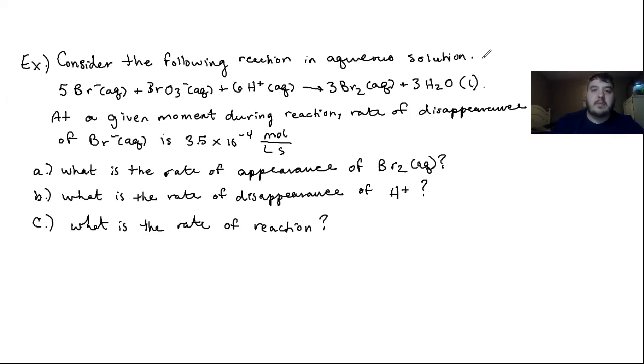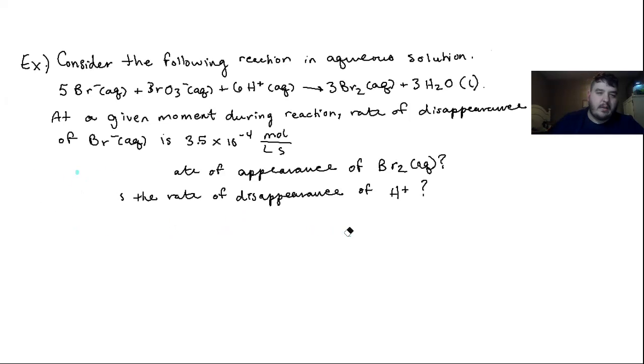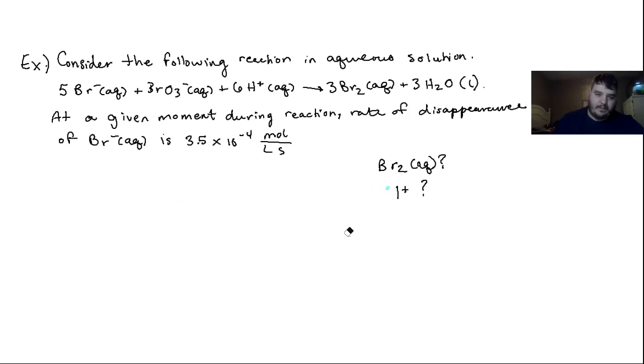So what I'm going to do first is I'm going to take a little bit of space and erase this little bit here, and then we'll go back and fill in the questions. Okay, so the first part, it says, what is the appearance of diatomic bromine? Okay, so why is it an appearance?